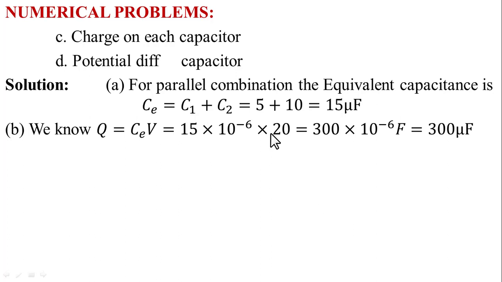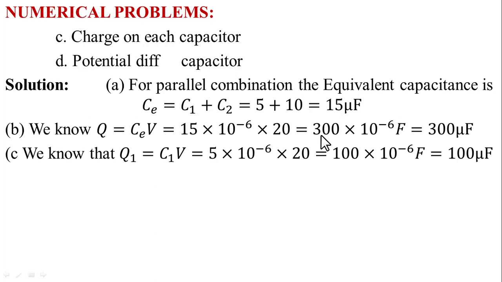Then Q is equal to 300 multiplied by 10 raised to power minus 6, so charge Q is equal to 300 microcoulomb. Now in part C, we know that Q1 is equal to C1V and Q2 is equal to C2V.